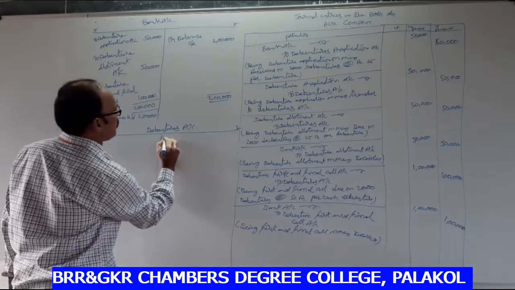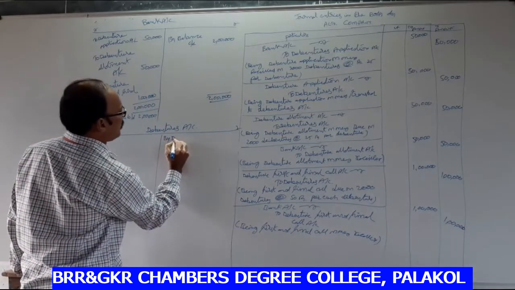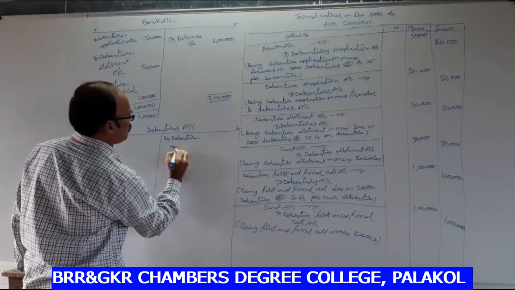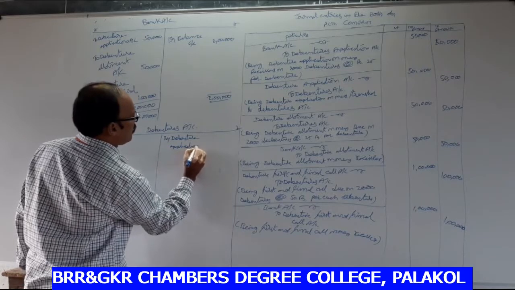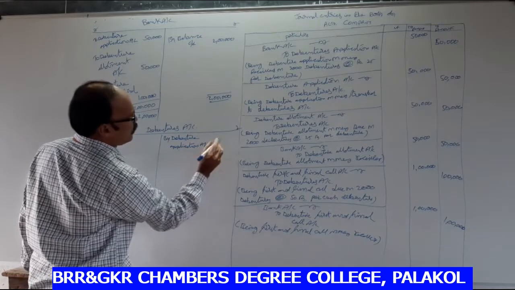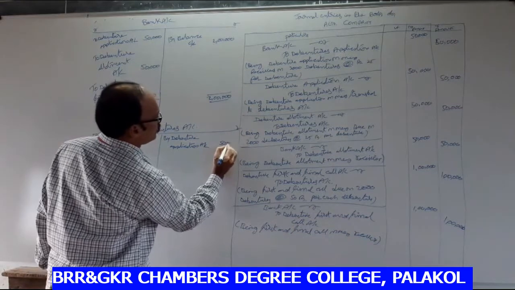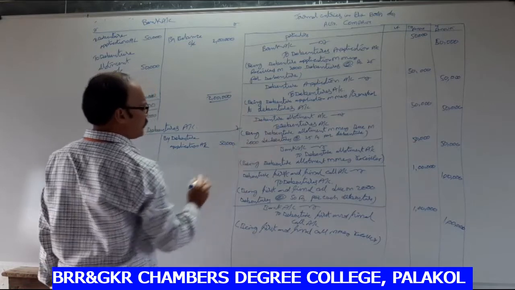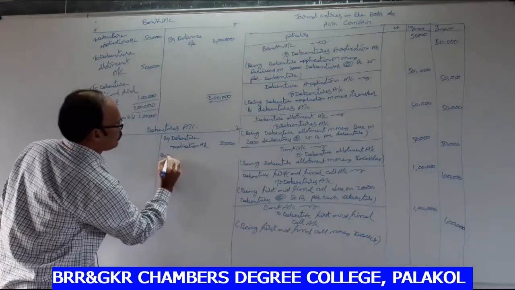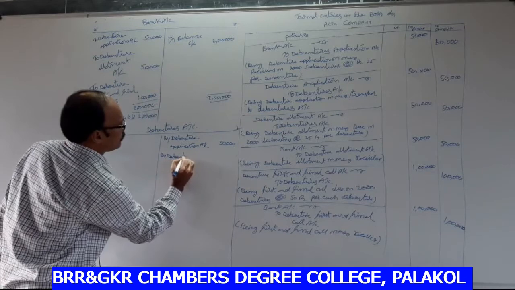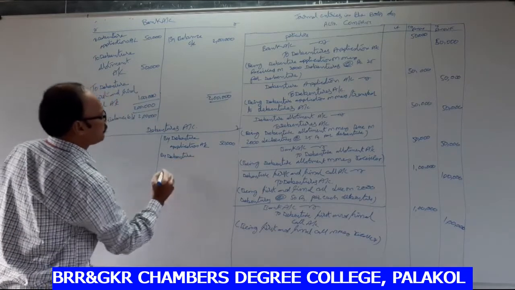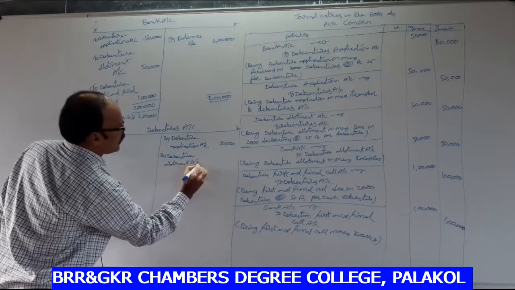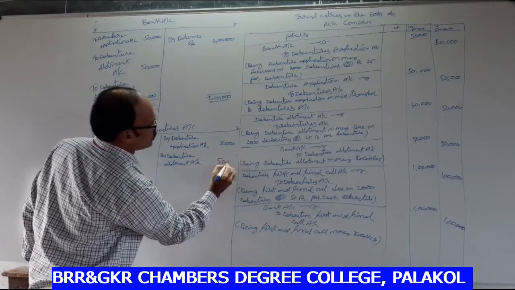So, by debenture application account, how much? 50,000. Next general entry, debenture allotment account debit to debentures account. By debenture allotment account, how much? 50,000.